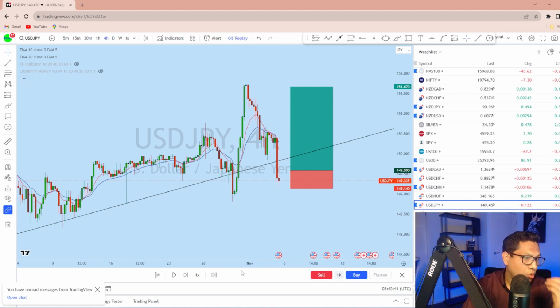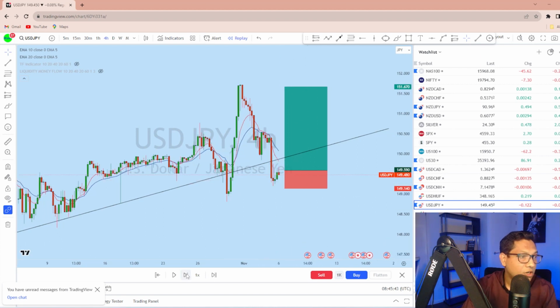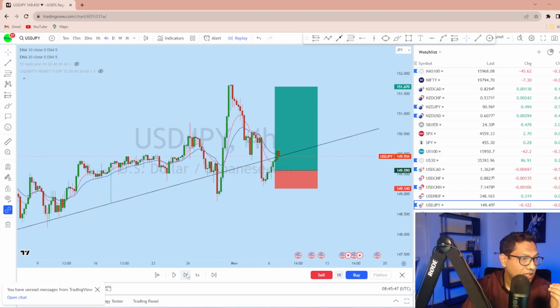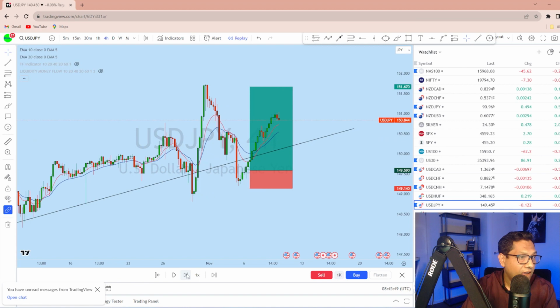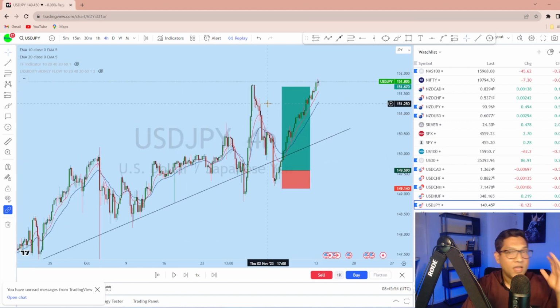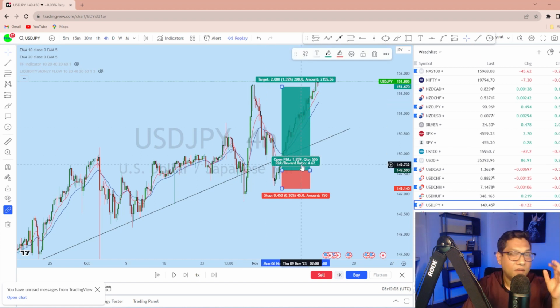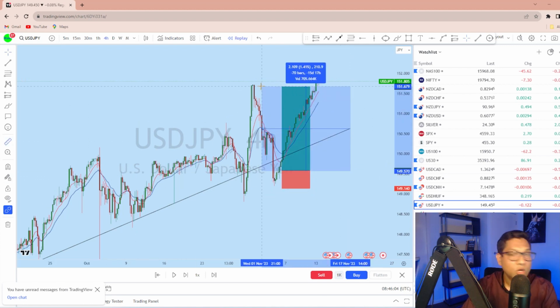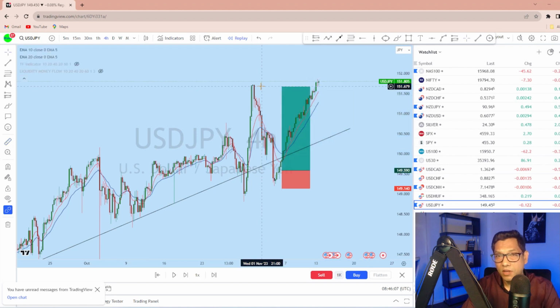Then we saw that the market started to move up to create another impulse, and this is where we entered this massive trade on dollar yen. It went back up to the resistance level and gave us another massive 4.6% trade, which is nearly 210 pip in this single trade using this local breakdown.